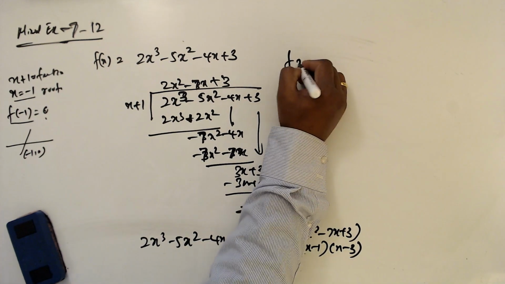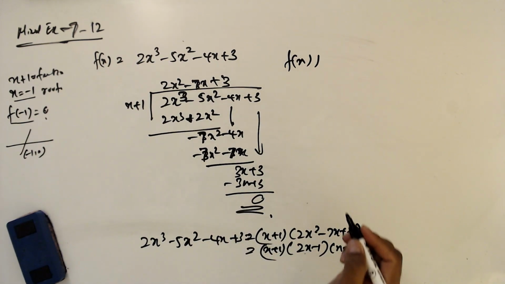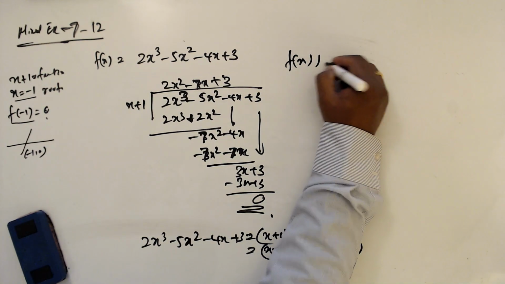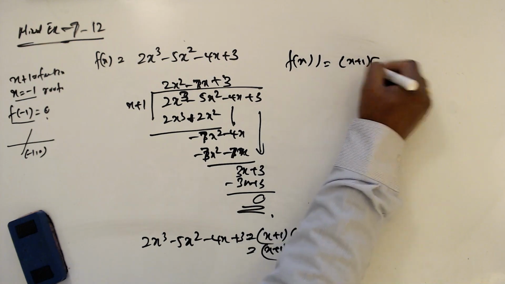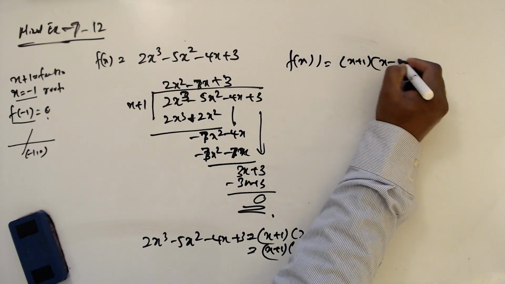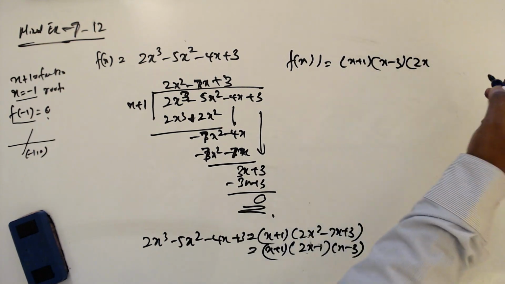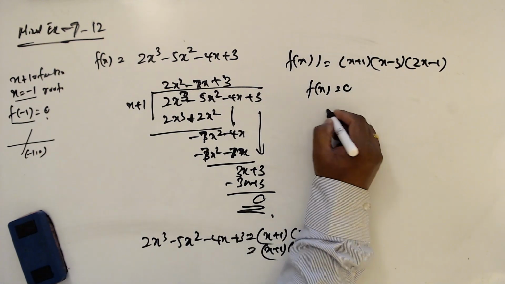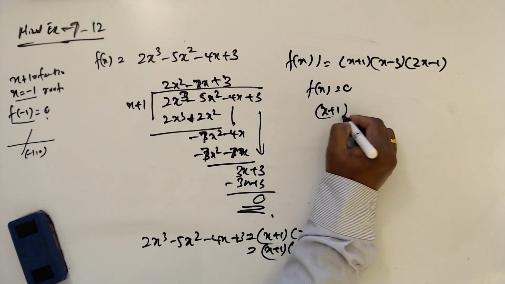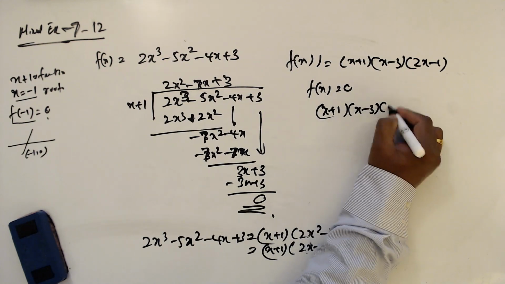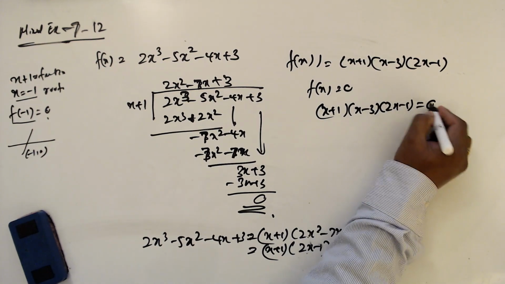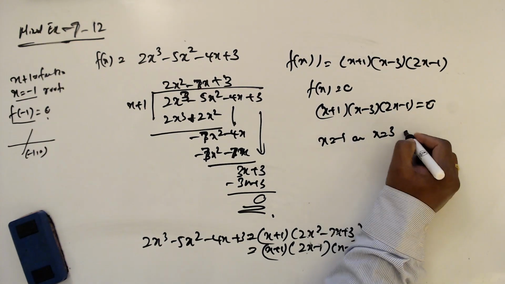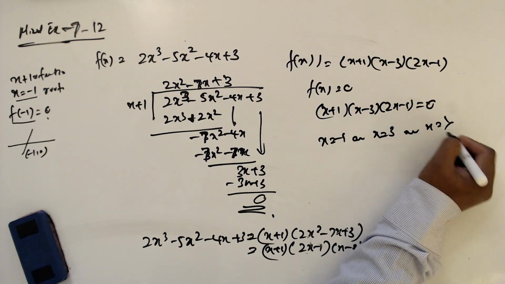So f(x) equals x plus 1, x minus 3, 2x minus 1. Then the solution f(x) equals 0: x plus 1 times x minus 3 times 2x minus 1 equals 0. x equals minus 1, or x equals 3, or x equals half.